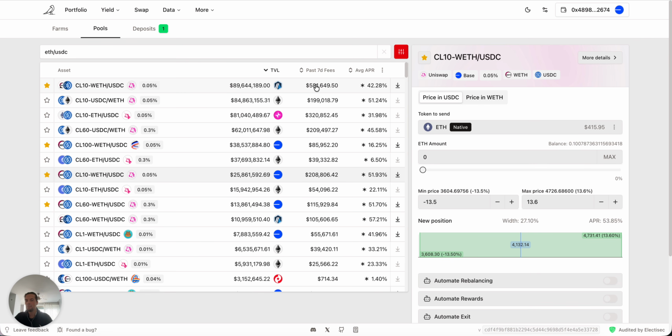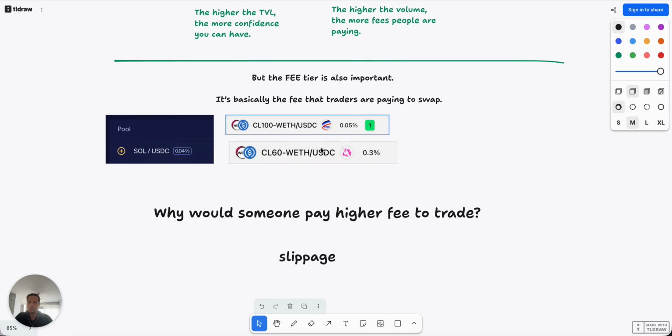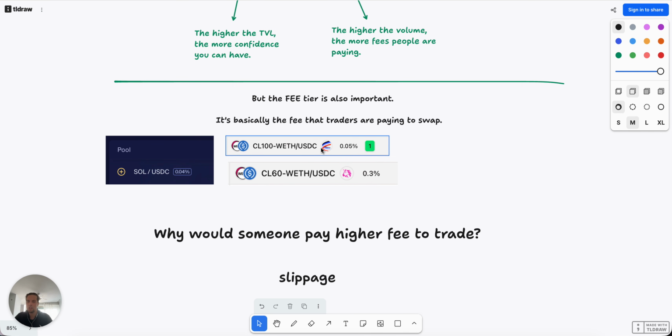These fees might be high because something happened on chain where a lot of liquidity and volume spiked. Over the longer term, this pool, for example, still generates better returns over time. So these are all the things to consider and understand when it comes to fee tier and pool selection.